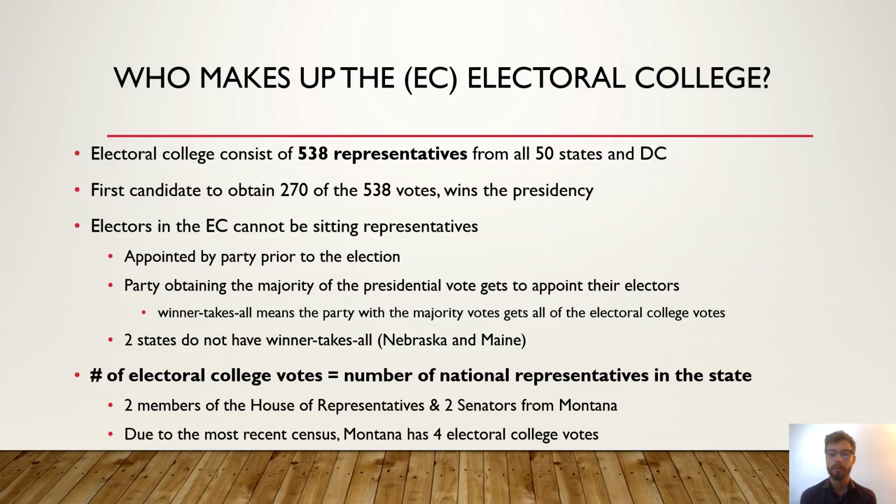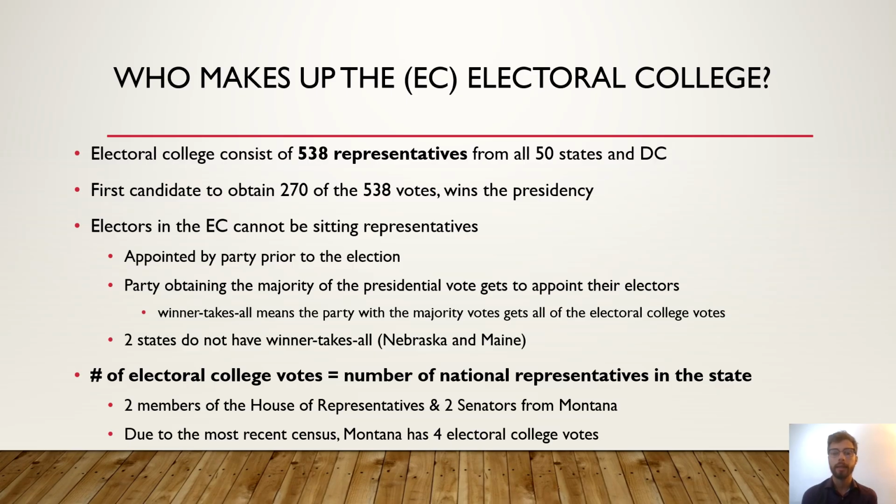Each state is granted 2 Electoral College votes due to their senators and additional votes based off of how many representatives they have in the House of Representatives. Montana, in the most recent census, expanded the number of House of Representatives members, and now we have 4 total Electoral College votes.